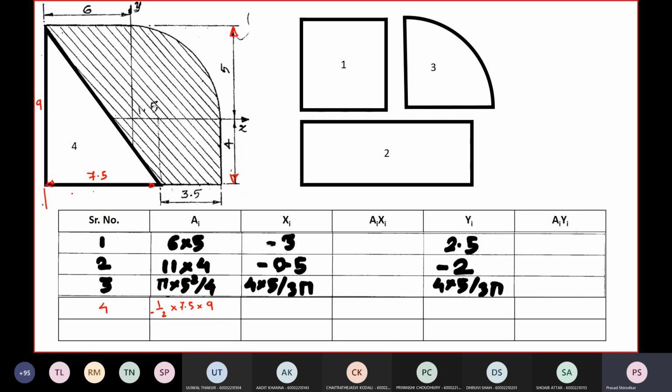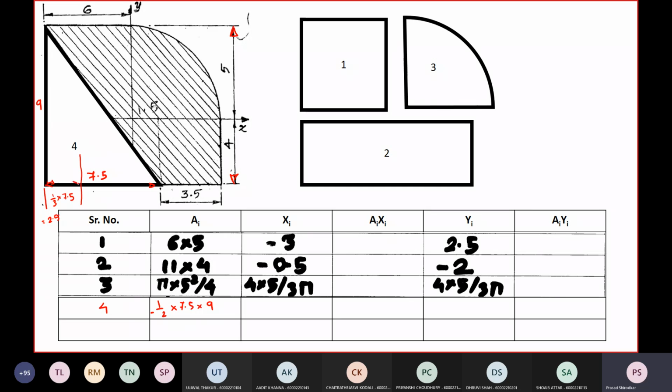So what will be the centroid? The centroid is somewhere located over here, and that will be 1/3 from the base. So this distance will be 2.5, correct?